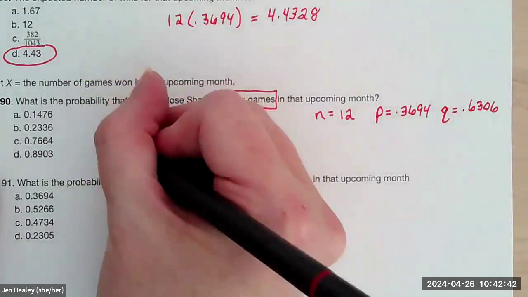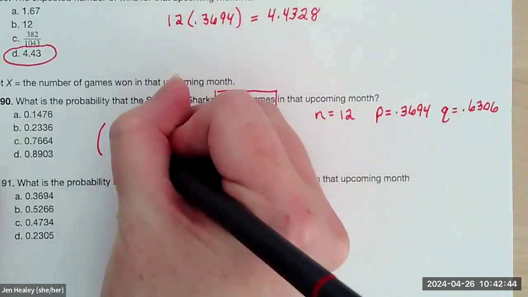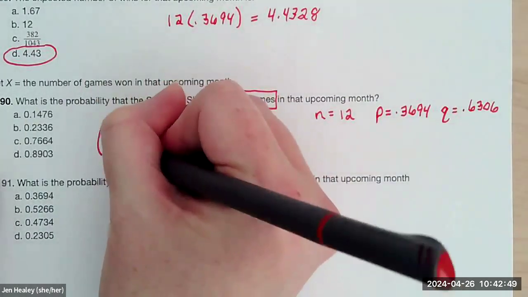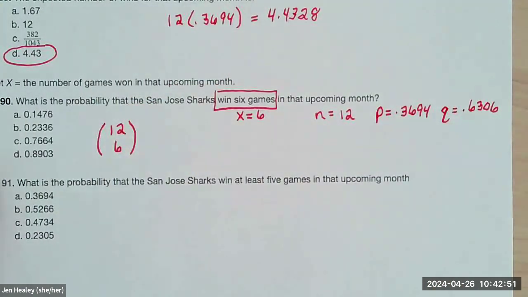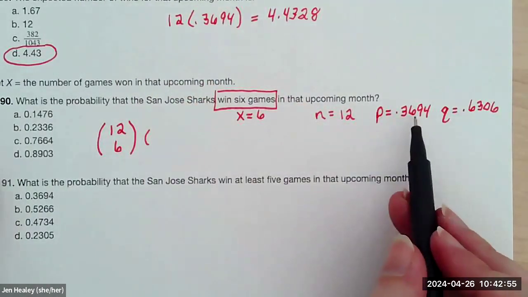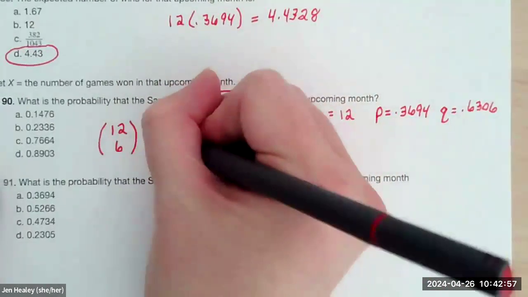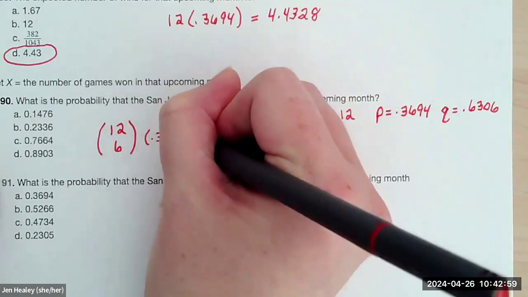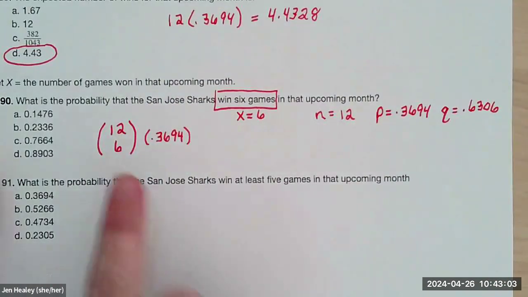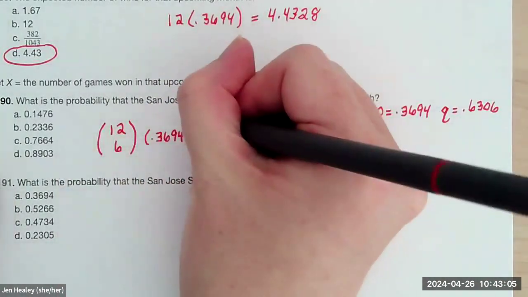So we're gonna take 12, that's the n. We're gonna put the 6 down below it. So we want combination 12 choose 6. Then we're gonna put the probability of a win, so 0.3694. And what do I raise that to the power of? 6, so it's whatever that number is down there.